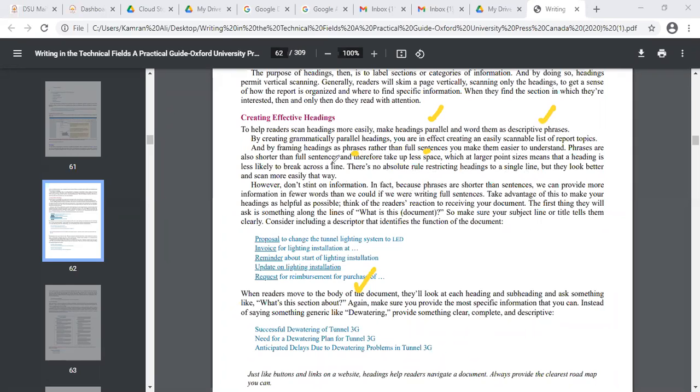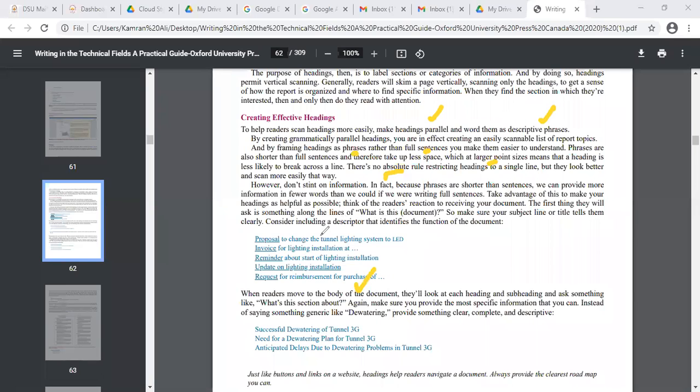Phrases are also shorter than full sentences, therefore they take up less space, which at larger point sizes means that a heading is less likely to break across a line. There is no absolute rule restricting headings to a single line. You can have two lines also, but for the sake of readability and clarity, it's better to have a one-line heading, right?